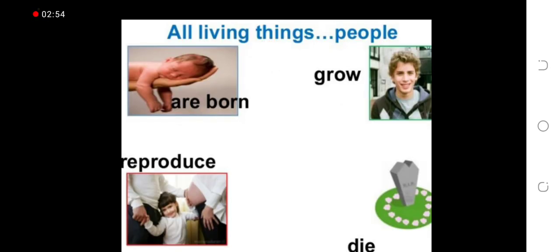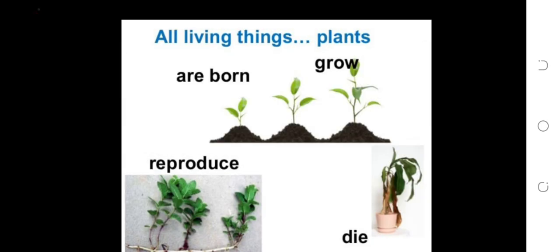So the life cycle of living things is: first they are born, then they grow, then they reproduce, and after that they die. For example, if we take a plant, firstly we sow the seed and a new plant grows.